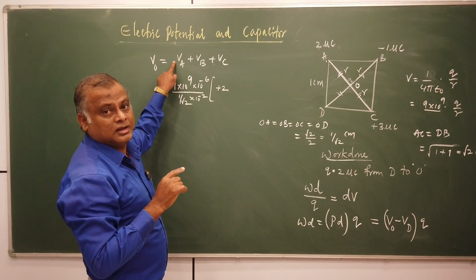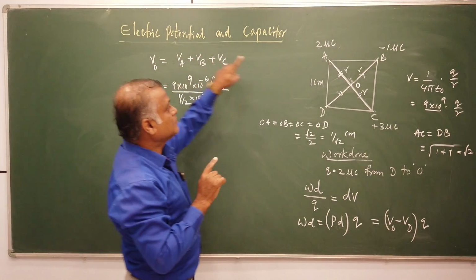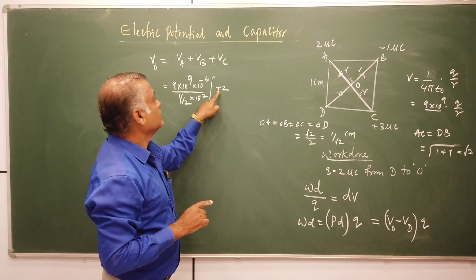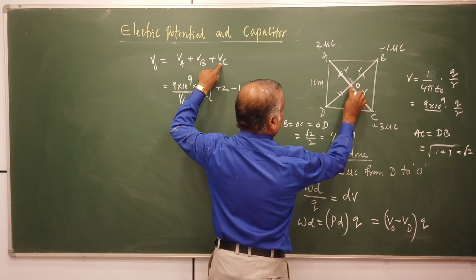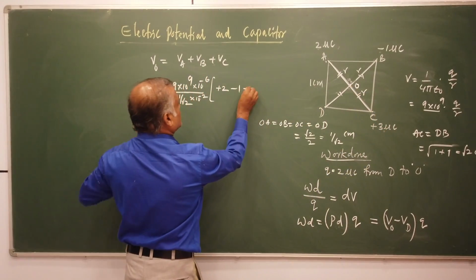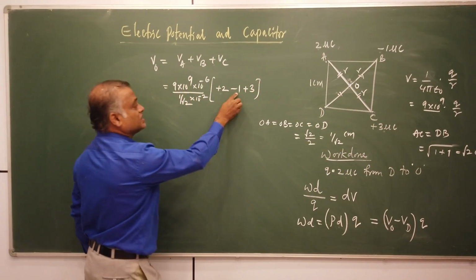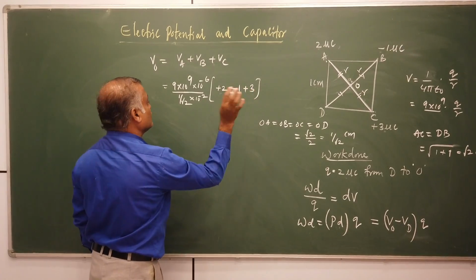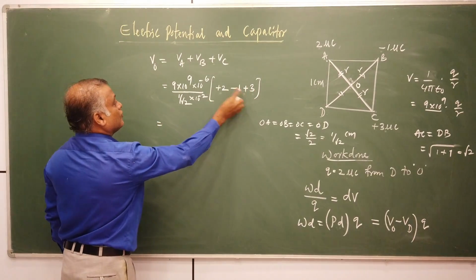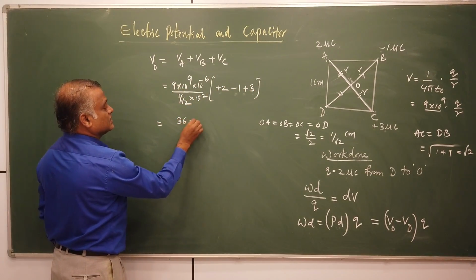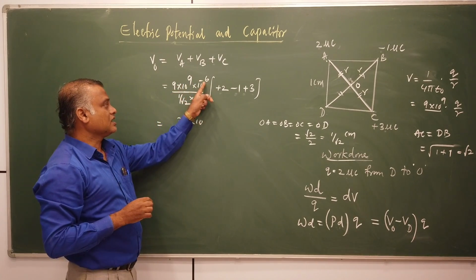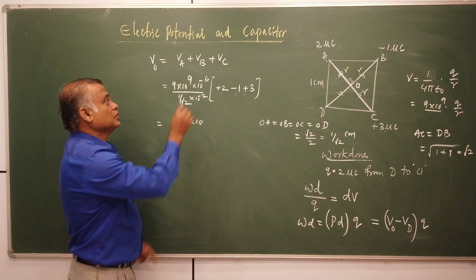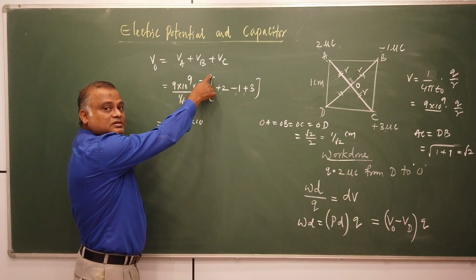Therefore, if it is a positive charge, take positive; second, minus. Then potential at O due to the charges, how much is it? Plus 3, 2 minus 1 is 1, 1 plus 3 is 4. 4 nines are 36 into 10 to the power of 9 minus 6 plus 3.